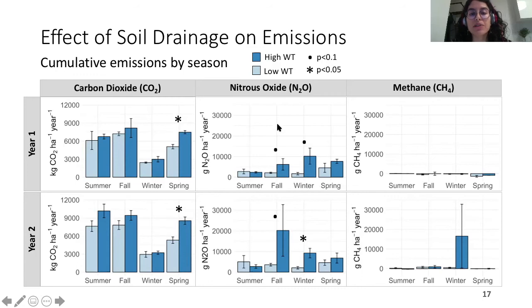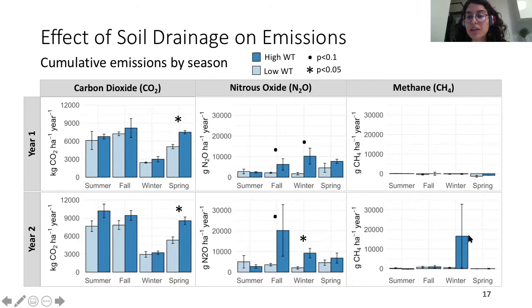And then for nitrous oxide, we also see a similar trend with the high water table group emitting more nitrous oxide. And in the fall and winter of year 1 and in the fall of year 2, we get a p-value below 0.1, and then in the winter we get a p-value below 0.05. For methane, we didn't see any significant group effect on emissions.